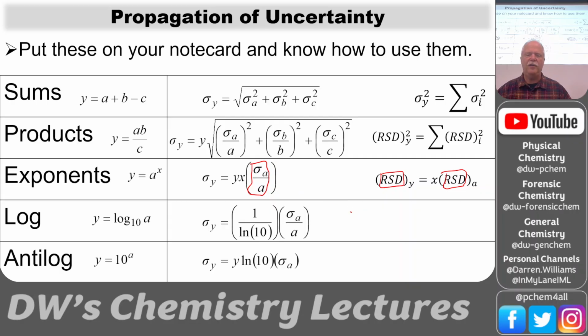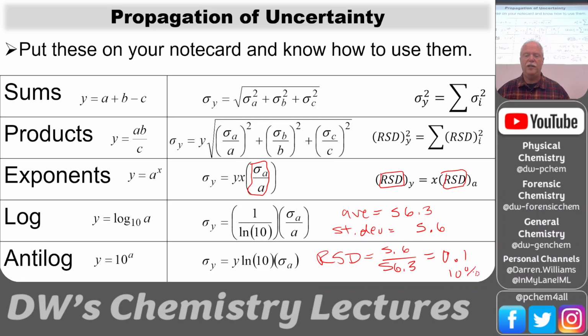So if the average equals 56.3 and the standard deviation equals 5.6, the RSD is equal to 5.6 over 56.3, which is about 1/10, so 0.1. If I multiply that by 100%, I get 10%. So that's the coefficient of variation, CV.